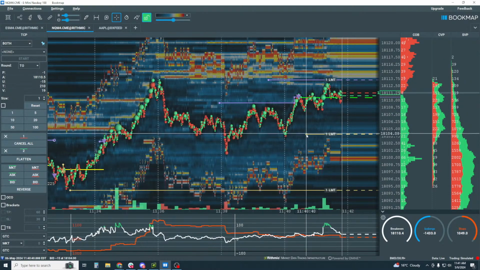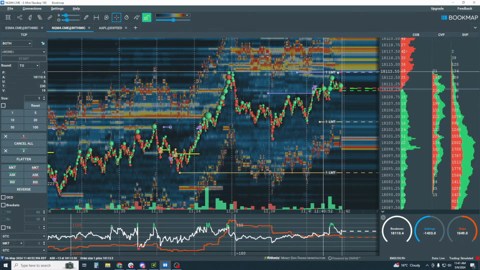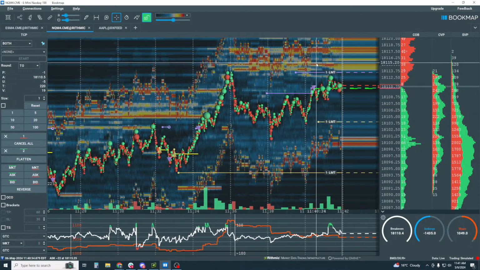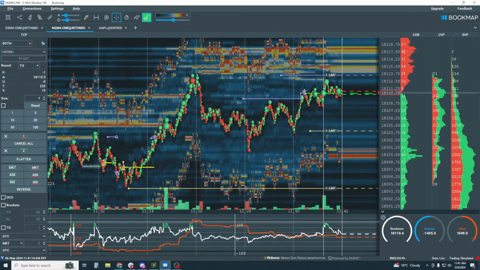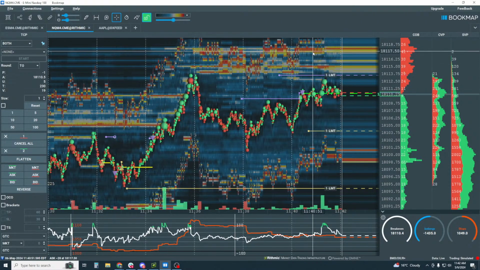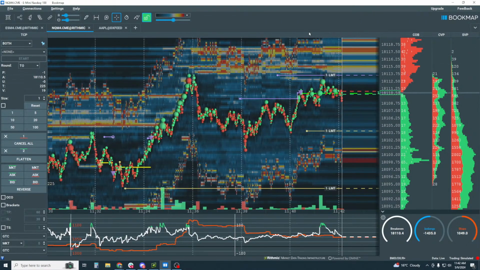Basically what we're talking about is support and resistance. Resistance up here, support down here. We're looking for these extreme readings and tests into those areas, and then rejection.